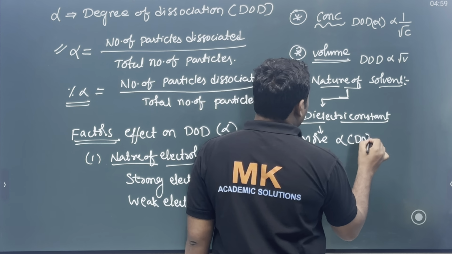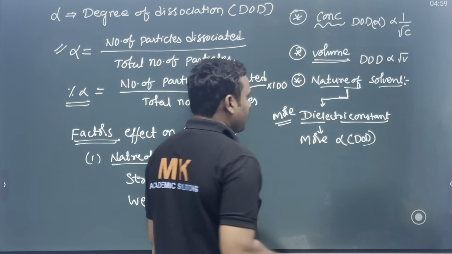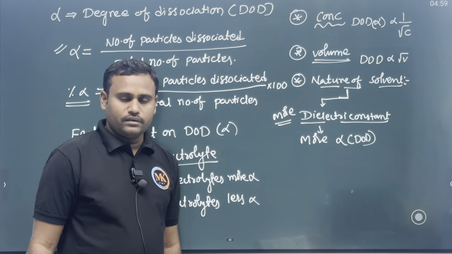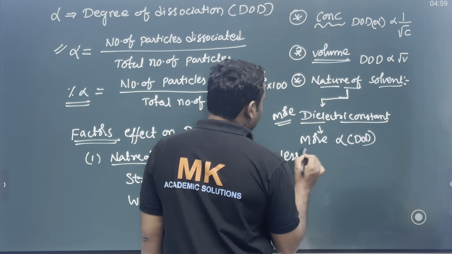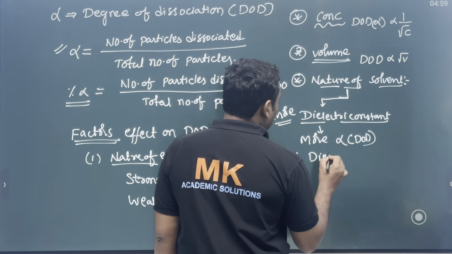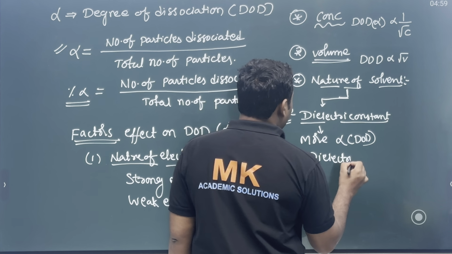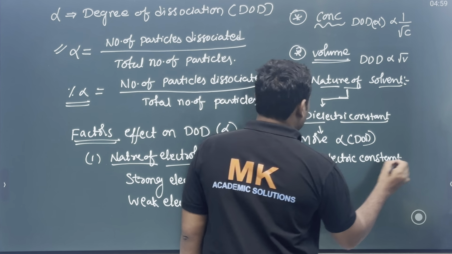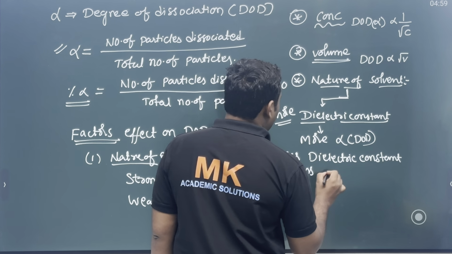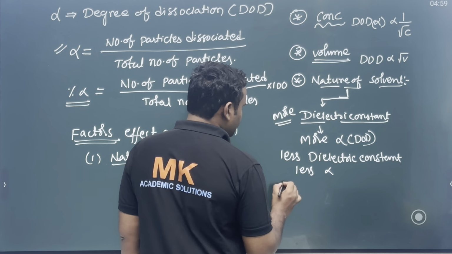Here alpha is nothing but degree of dissociation. Less dielectric constant, less alpha. Next, temperature.